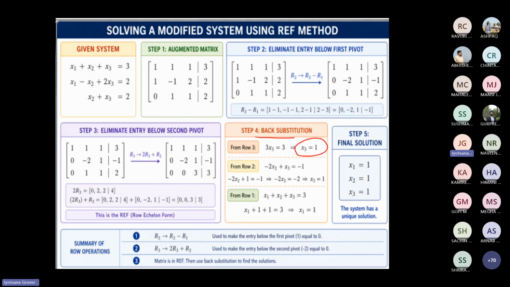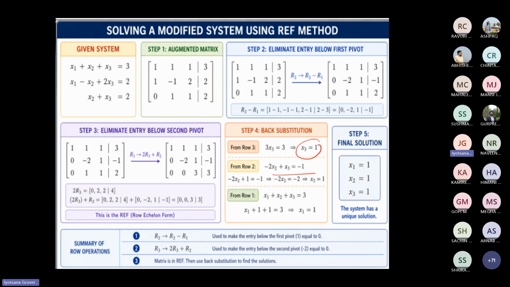This is the back substitution, because you are starting from downwards. Now substitute this value of x3 in this equation. What is this equation? Minus 2x2 plus x3 is equal to minus 1. X3 is 1, which you have just calculated.